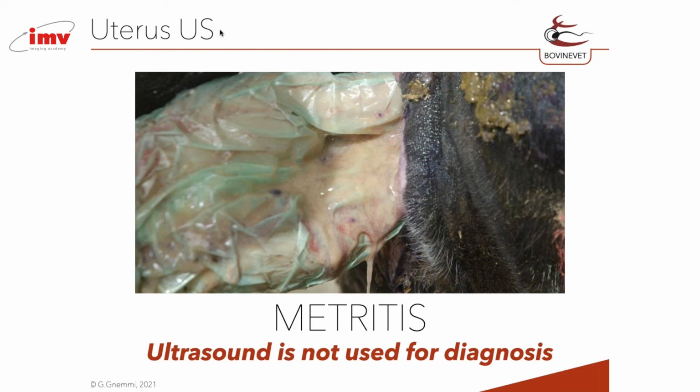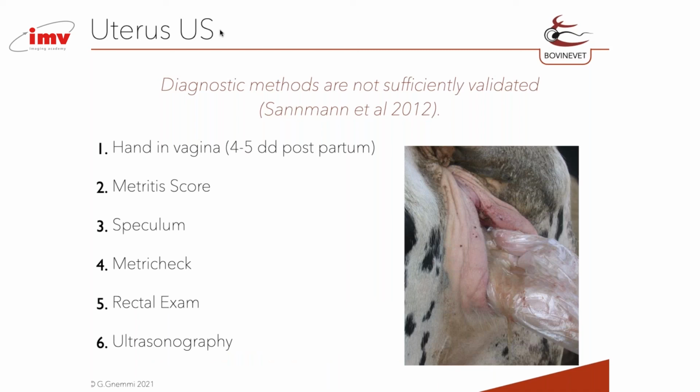I work with my ultrasound for the definition of clinical metritis, but not for perimetritis. So honestly, that is my fault. I am not able to find the strategy to apply my ultrasound for the diagnosis of the perimetritis.